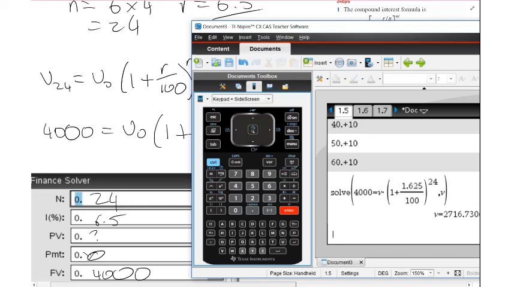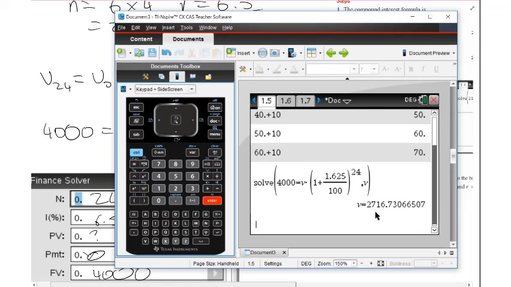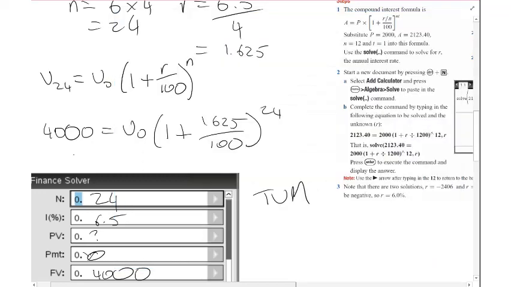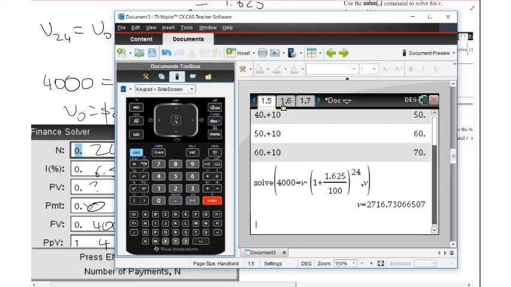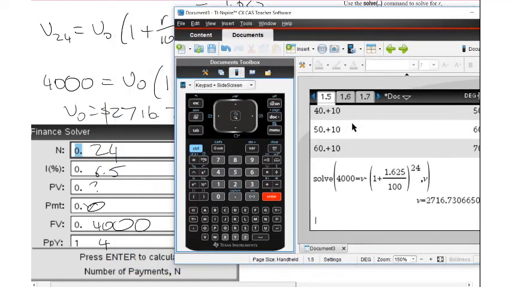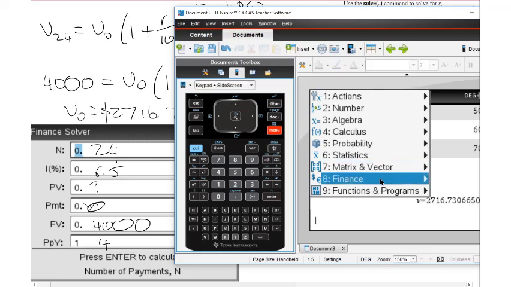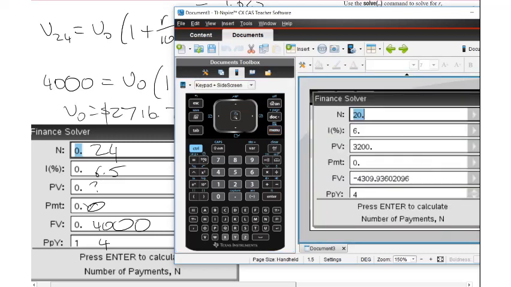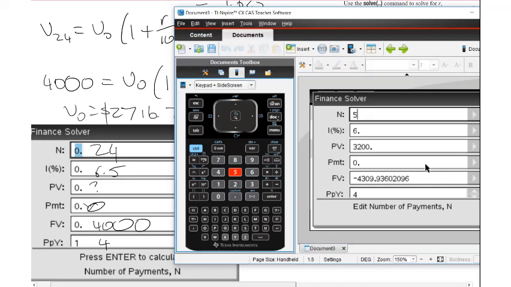And you'll find that the value is 2716.73. So V0 equals 2716.73. That's my V0 it needs to be invested. Or if I put this in the calculator, let's go menu, finance solver, N was 24.